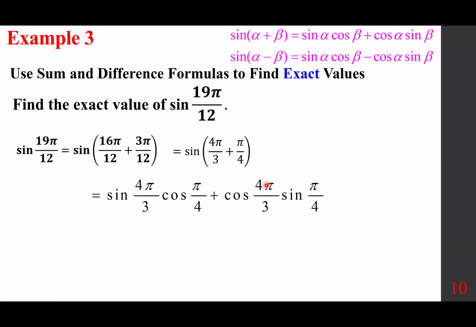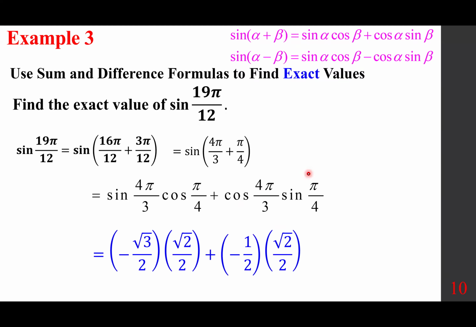Cosine of 4 pi over 3 is also the same as cosine of pi over 3, but negative in the third quadrant, so it's minus 1/2. This is square root of 2 over 2. Again, common arcs. As you can see, the denominator is 4 for all of them. This is minus square root of 6 minus square root of 2, over 4. That's the final answer, everybody.